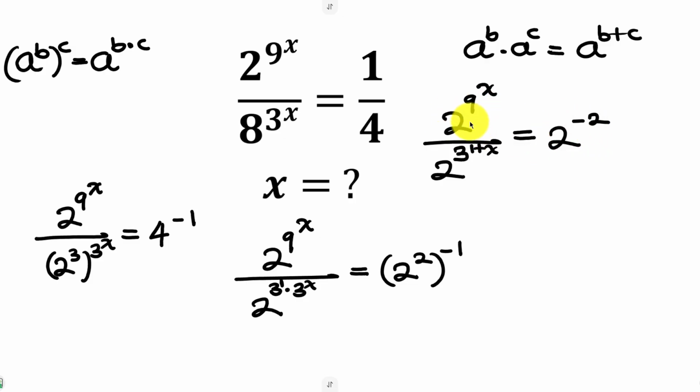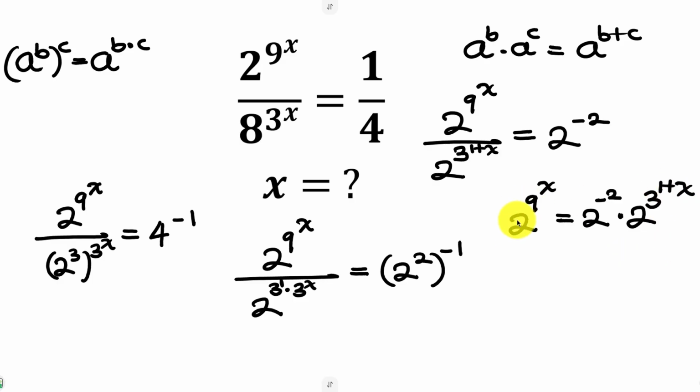Now let's cross multiply. So when I cross multiply, I have 2 to the 9 to the x to be equal to 2 to the negative 2 times, when I cross multiply this with this, I'll have 2 to the power of 3 to the power of 1 plus x. Very good.